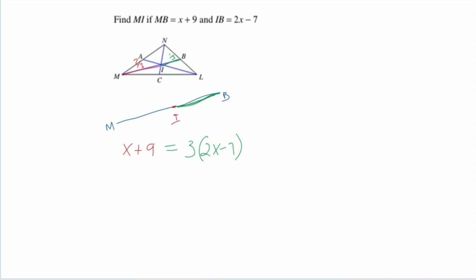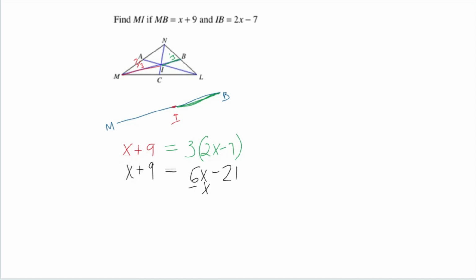Let's go ahead and find out what x is, because that's what we first have to do, determine what x is so we have a value for the specific line segments. Let's do this right side. This is 6x minus 21, and that is equal to x plus 9.